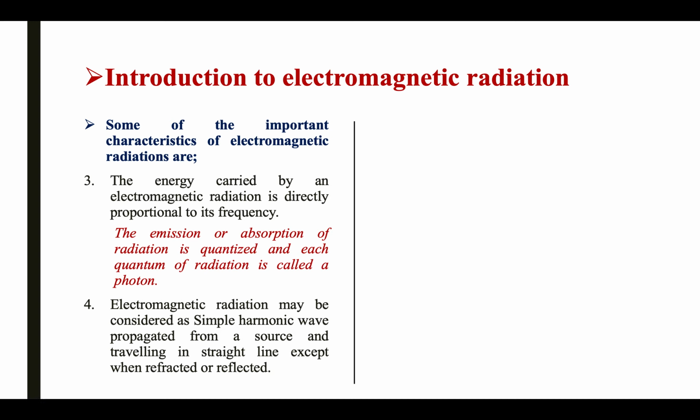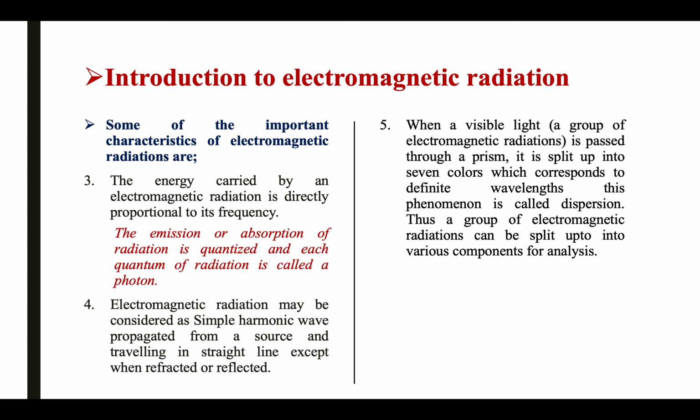So any electromagnetic radiation will always propagate in one direction, until and unless there is some disturbance between the source and the destination due to material. Then it will either get refracted or reflected, depending on the materials we are using.